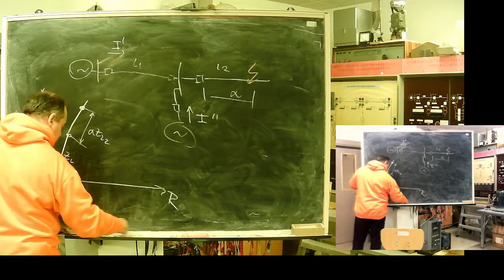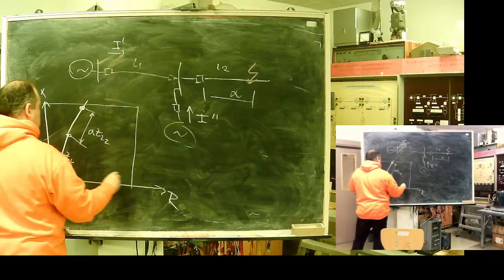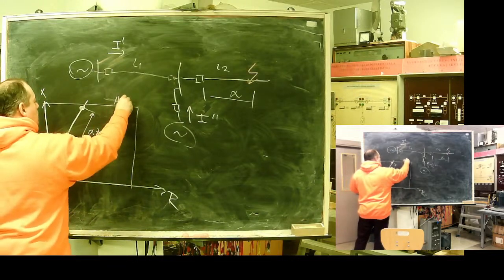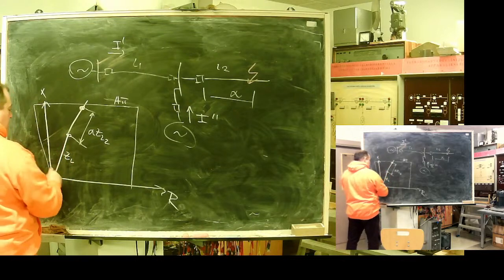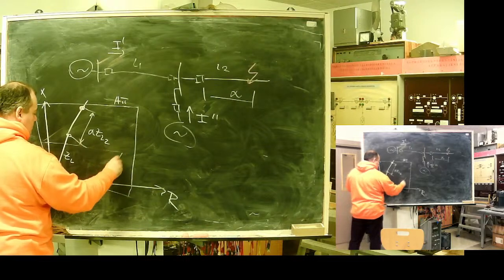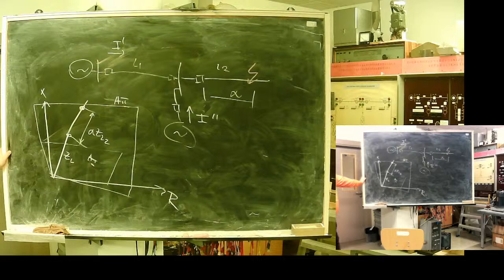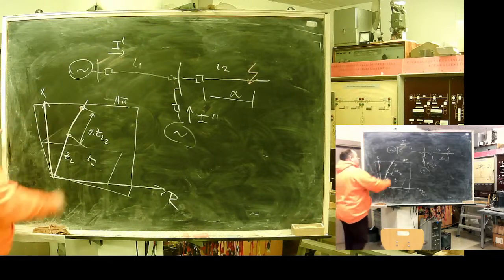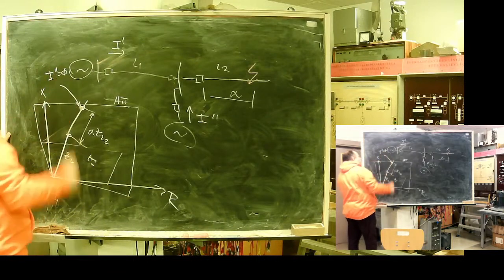Here is the fault place. So let's assume it's inside our second zone. Here's our first zone. This point is for the case where I2 is 0.